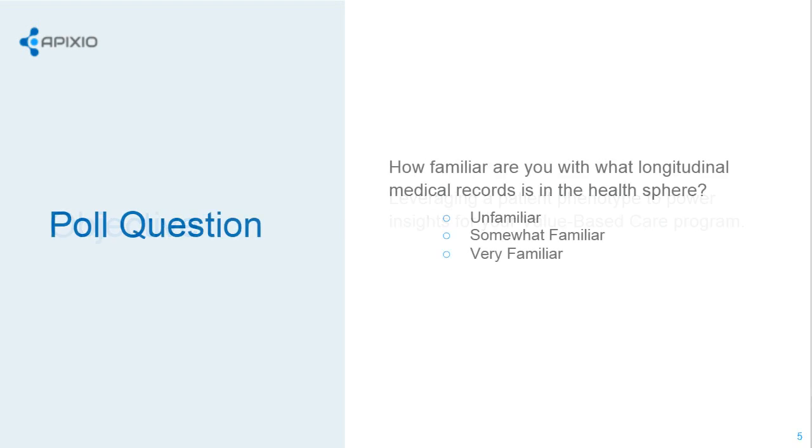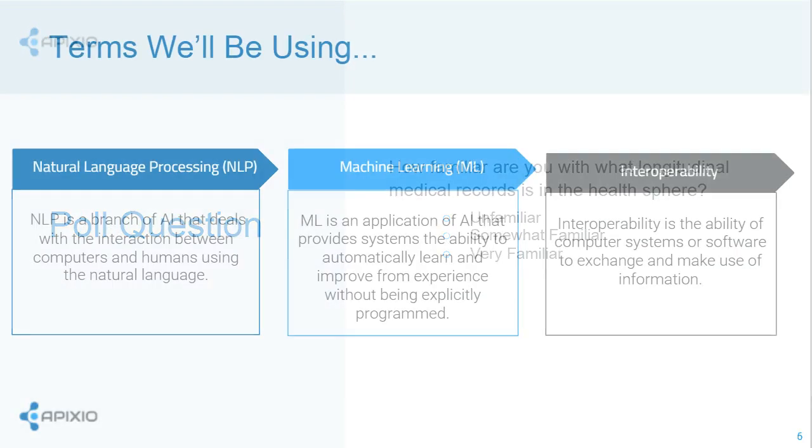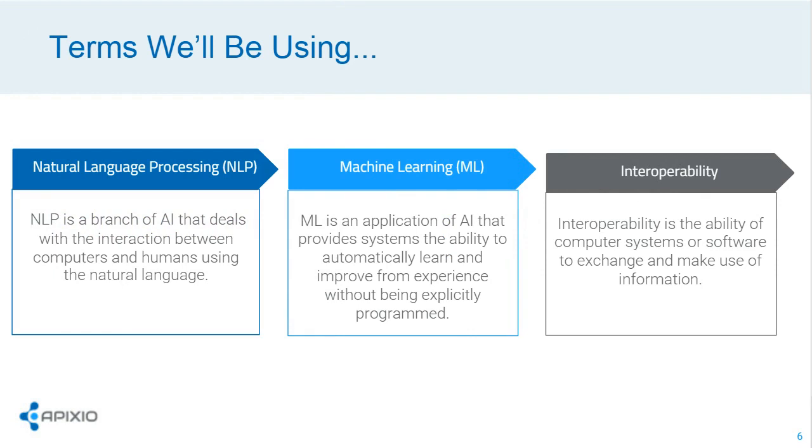Great. So to make you familiar with some of the terms that we're going to use within our talk today, we talk about natural language processing, or NLP. It's really a subfield of linguistics, computer science, and artificial intelligence. It's concerned with the interaction between the computer and human language, in particular how the program processes and analyzes large amounts of natural language data.